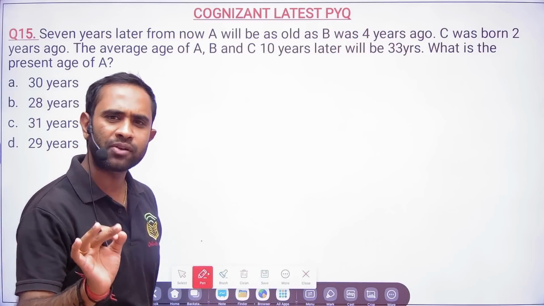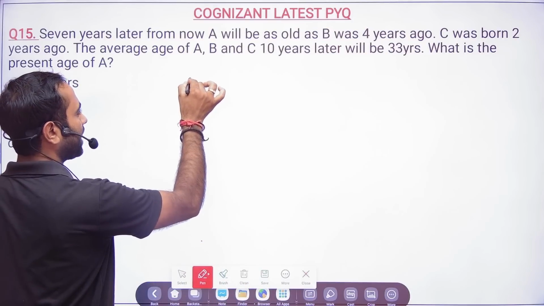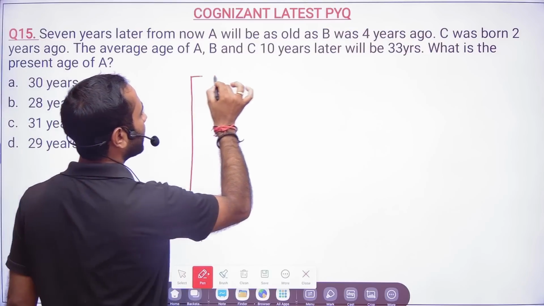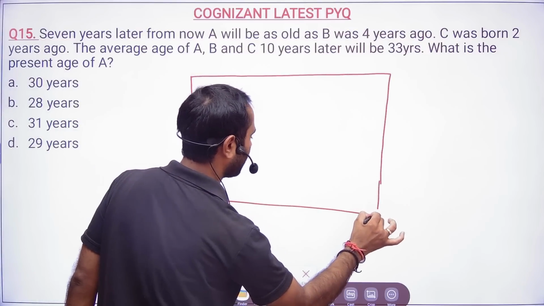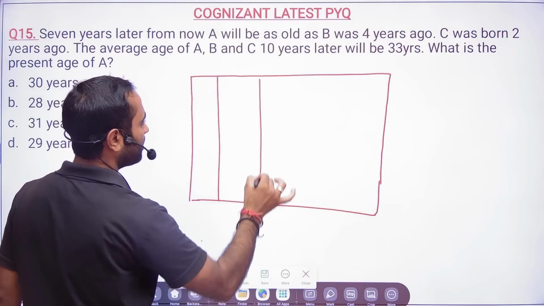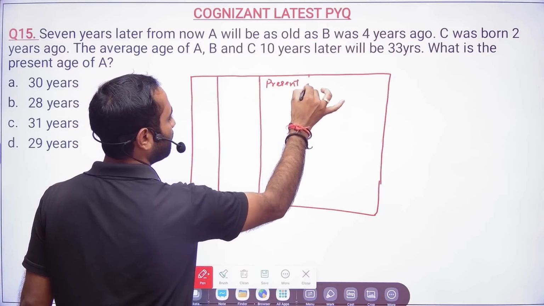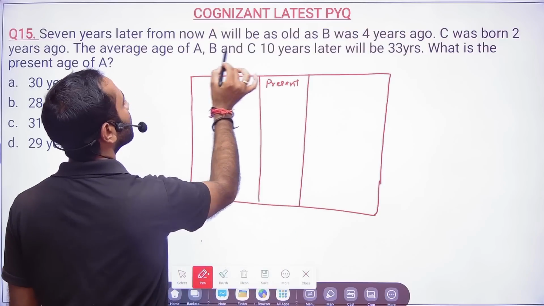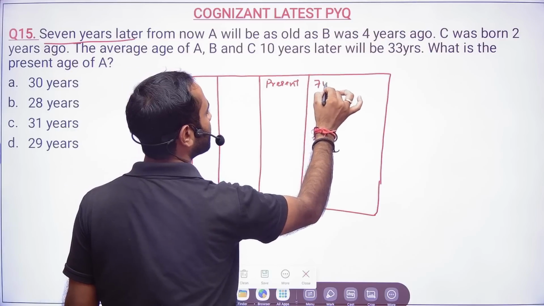Now, if you want to solve this question easily, you make a table here. In that table, you write present age. Then they are talking about 7 years later, so after 7 years.